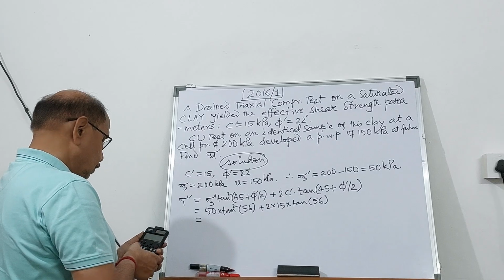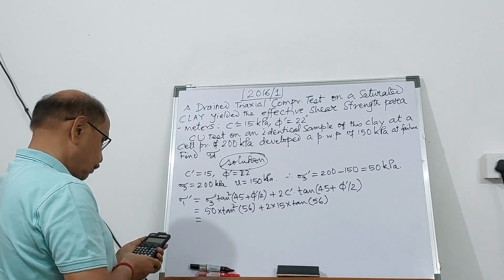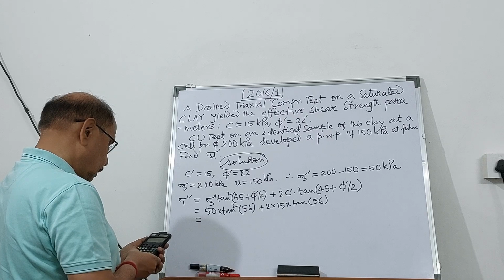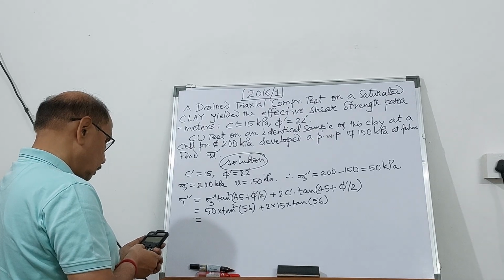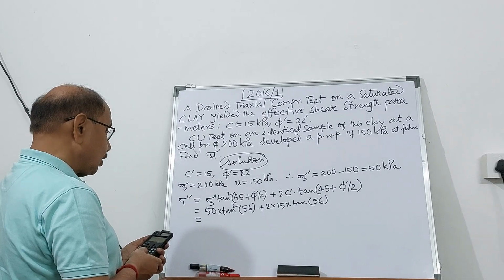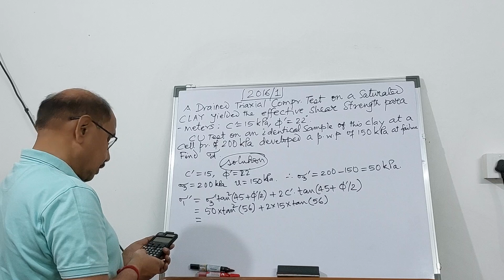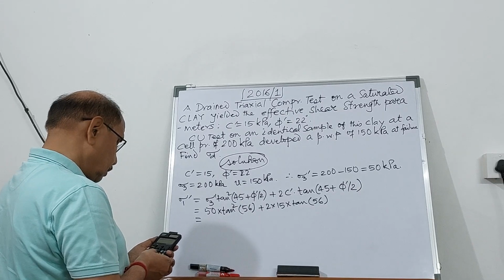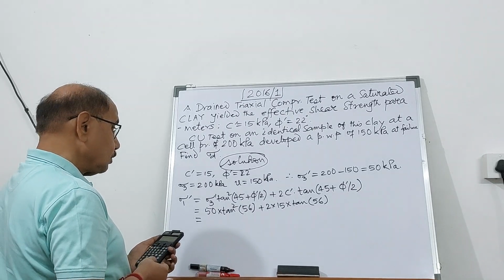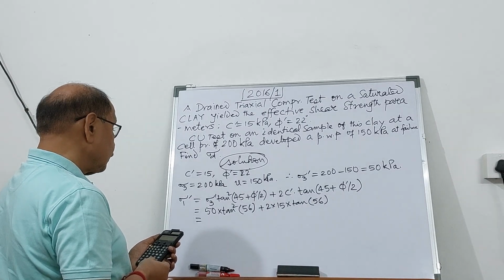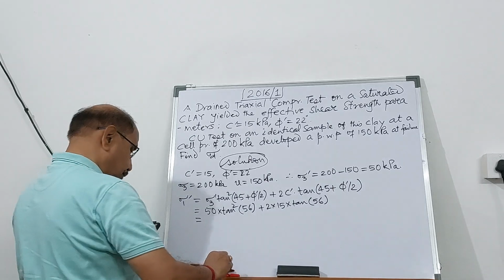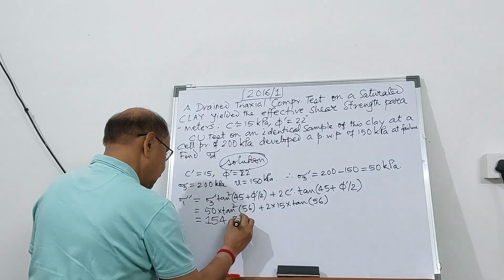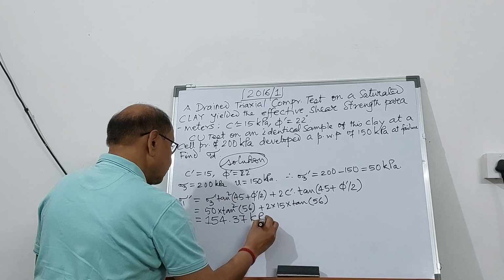So, tan square 56 plus 154.37 kilopascal.